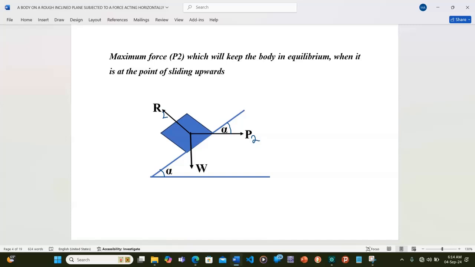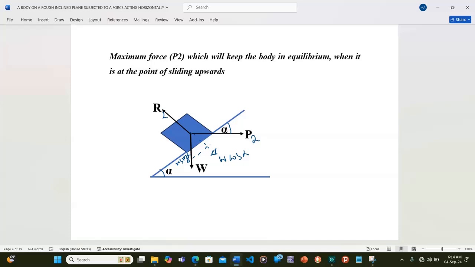Now, a little more consideration of the equilibrium of this body on an inclined plane will show you that this is W cos alpha, and the other component of this weight W is going to be W sine alpha.